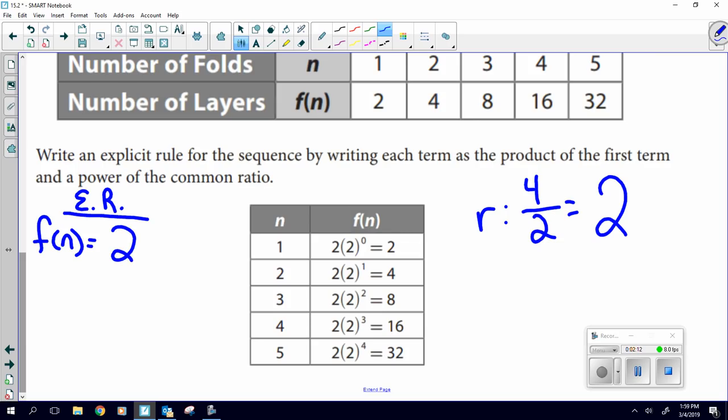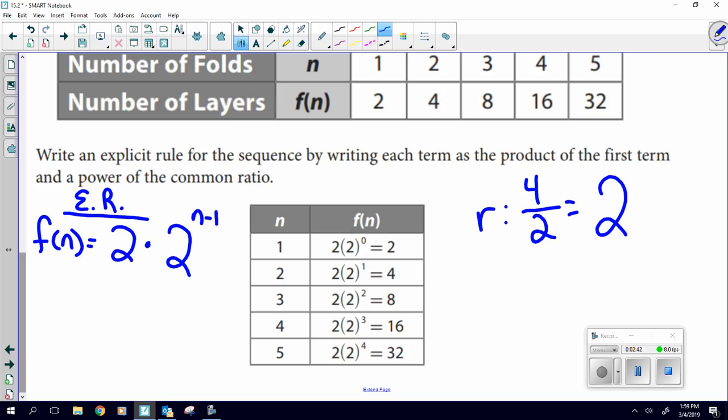So we take that 2 and multiply it by that ratio, and we use a power because it's geometric, meaning it's increasing exponentially. So you put it to the n minus 1. That is our very first explicit rule. Just take a look at that and see how I did that.